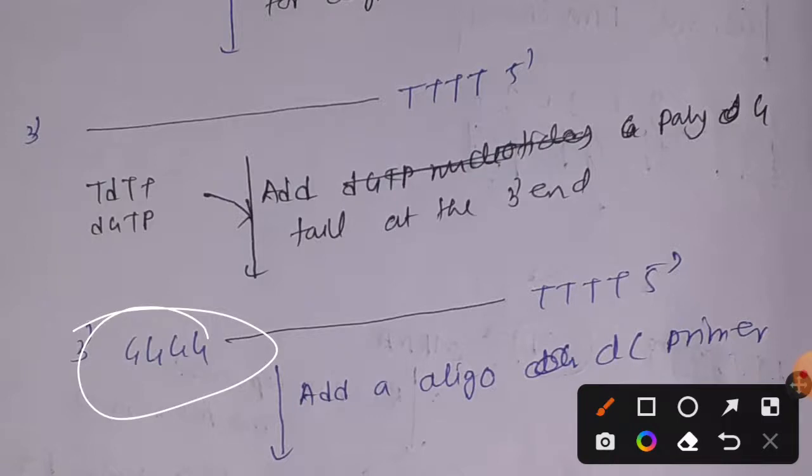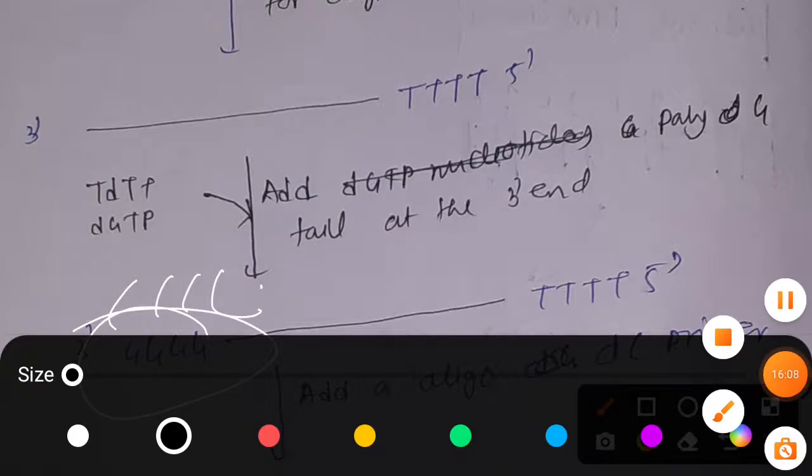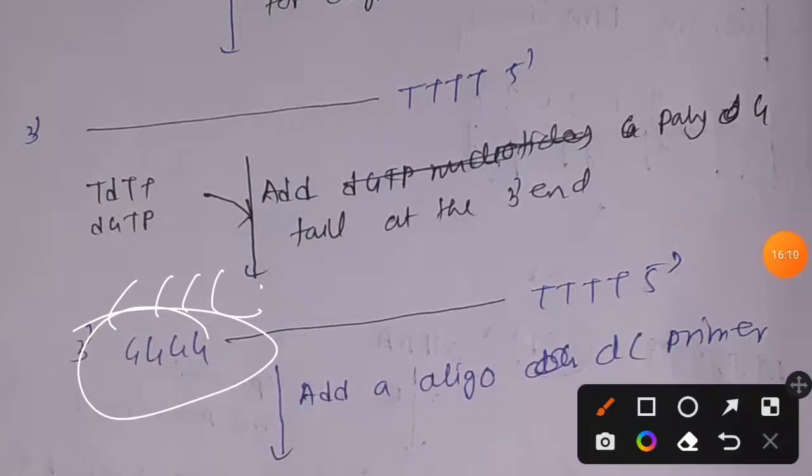Yes, we can, and that primer will only contain the poly C nucleotides, right? So now on the basis of that primer we can use normal DNA polymerase. That DNA polymerase will extend the primer and lead to the formation of a double stranded cDNA molecule.